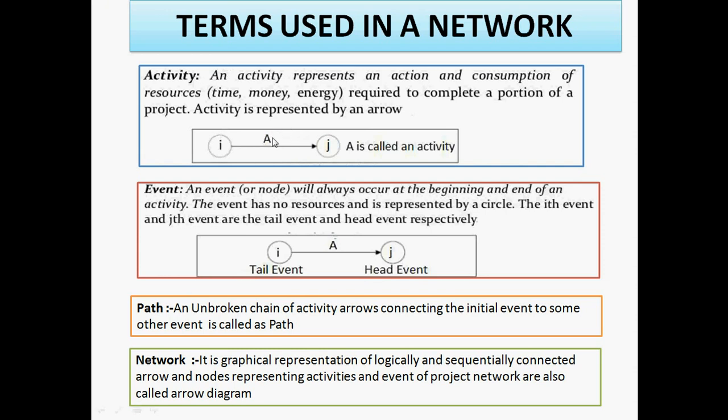So the first activity you can write as A, and these two circles are called nodes. A node we can form, and the activity runs from starting point to ending point. But in the case of an event, the node is always present at the beginning and at the end of an activity. I'll explain this in the next slides, the difference between activity and event, so this will clear up your problem statements.